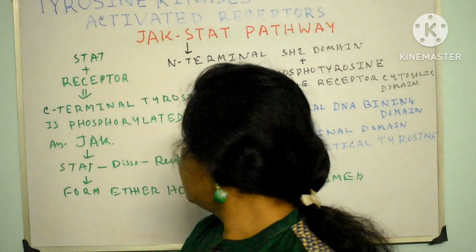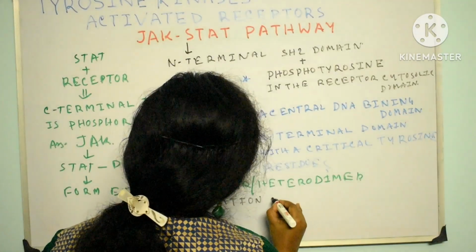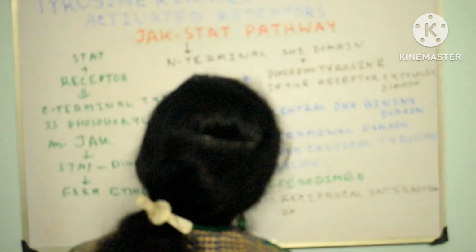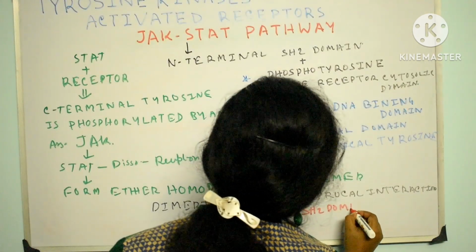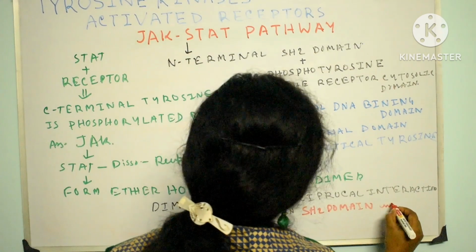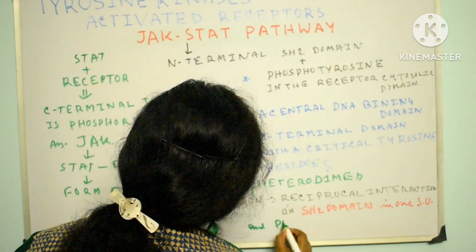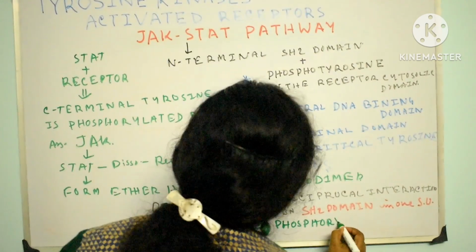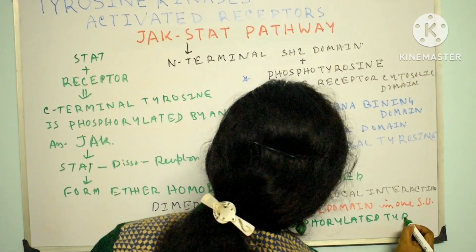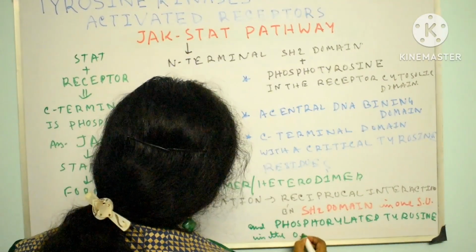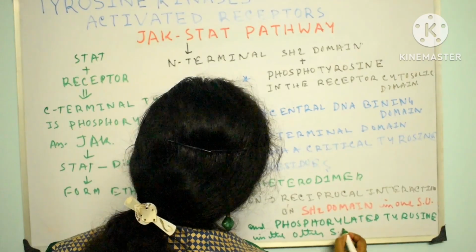The basic dimerization is a reciprocal interaction between the SH2 domain in one subunit and a phosphorylated tyrosine in the other subunit.